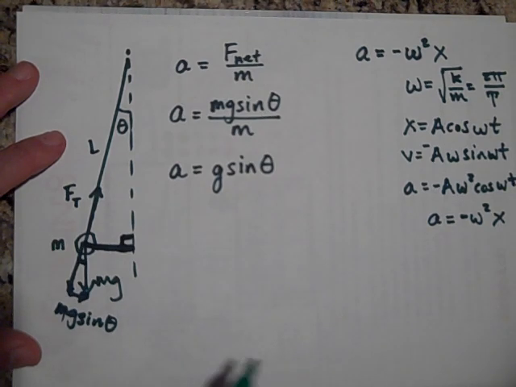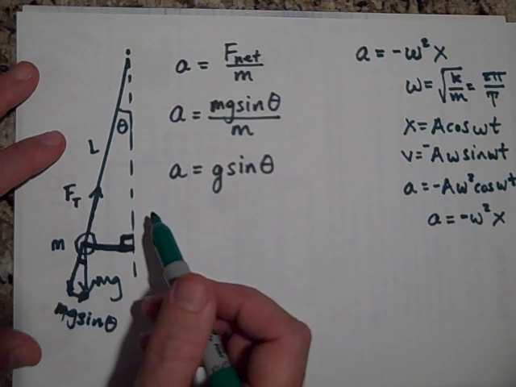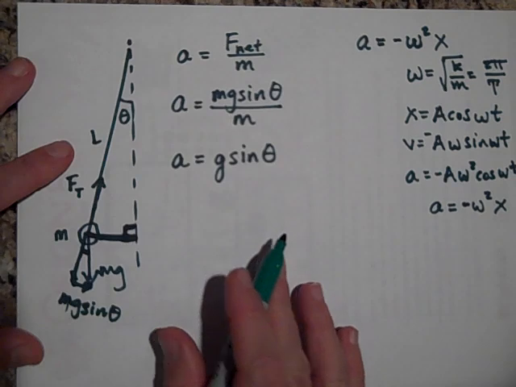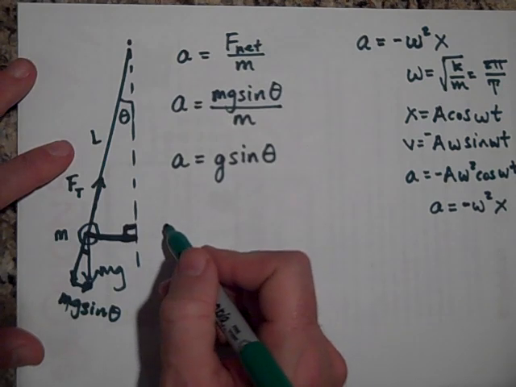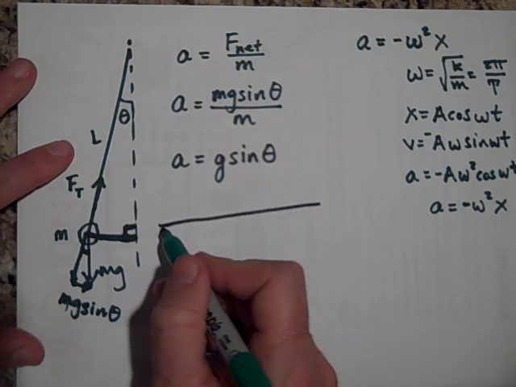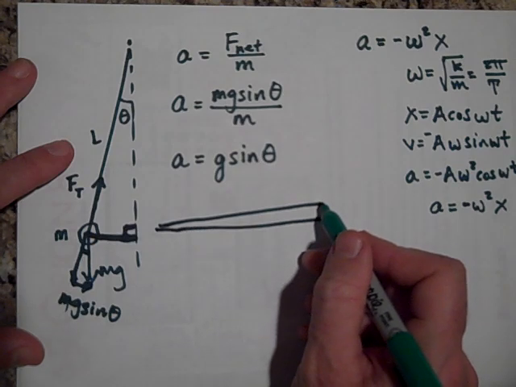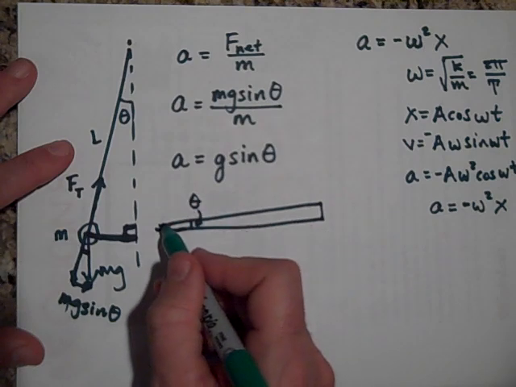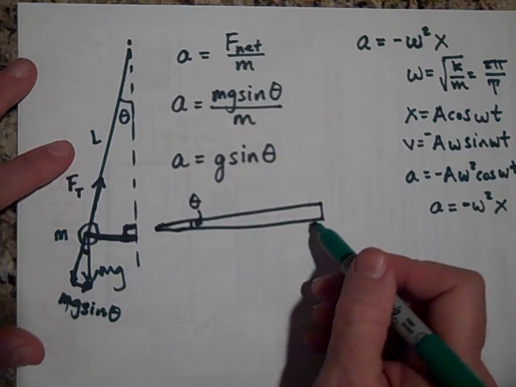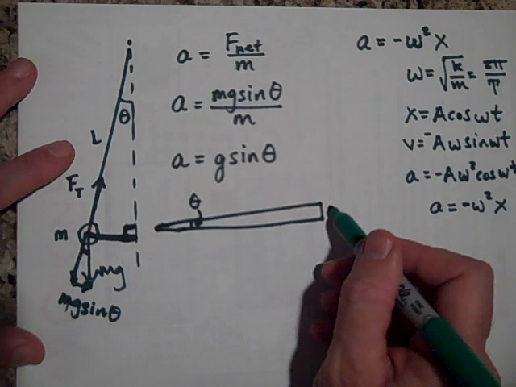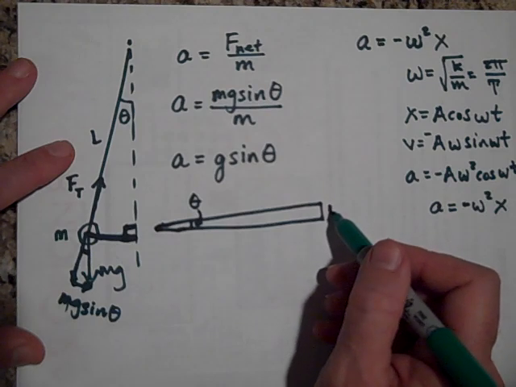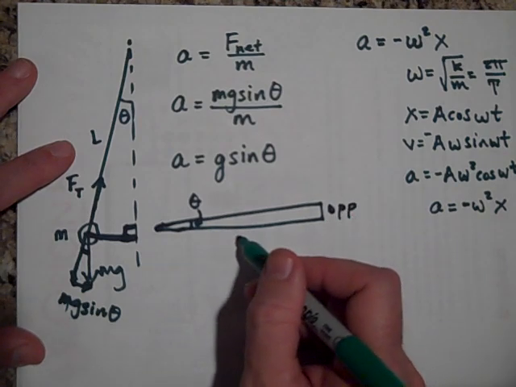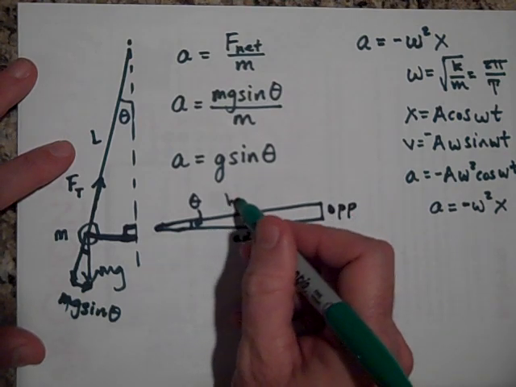Okay. Well, I also want you to see something. If you have a triangle that has a really tiny angle, theta, this is the opposite side, we'll call that op, and this is the adjacent side, and this is the hypotenuse.